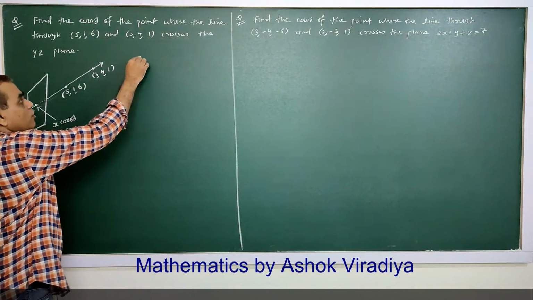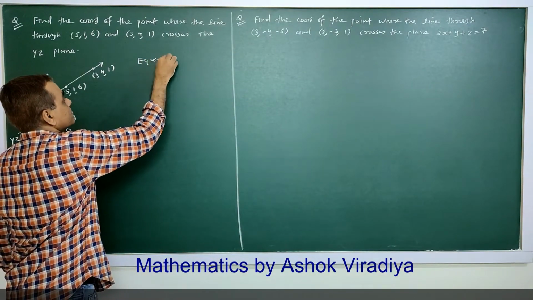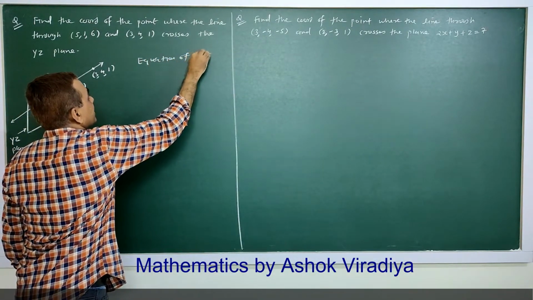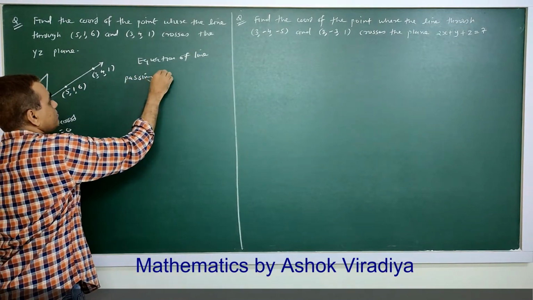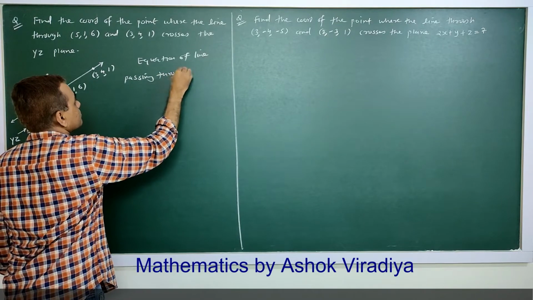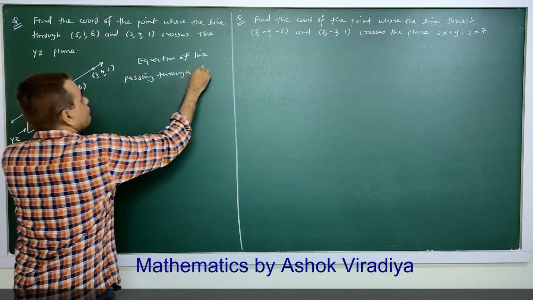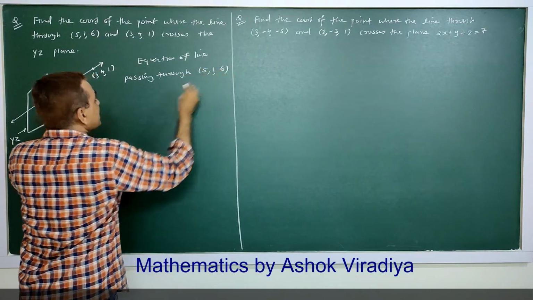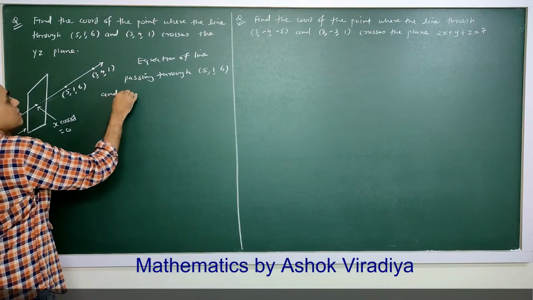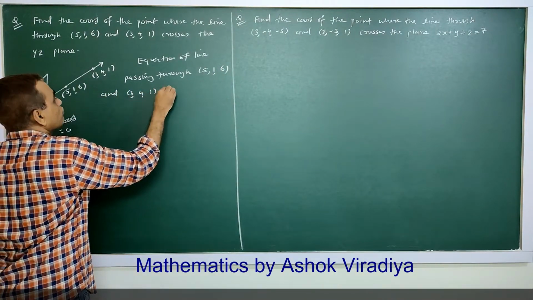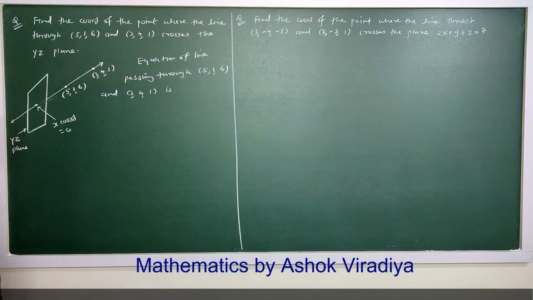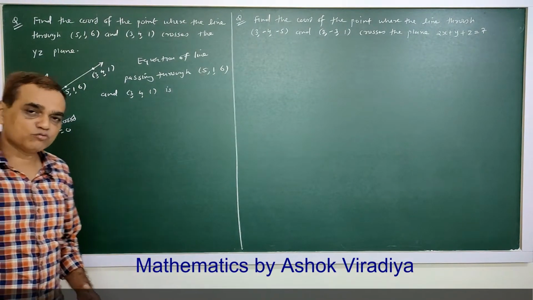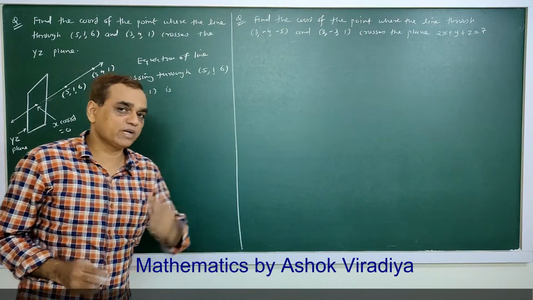So first of all we find the equation of the line passing through points 5, 1, 6 and 3, 4, 1. We use the result for the equation of a line when 2 points are given.